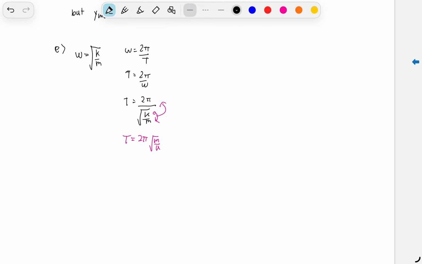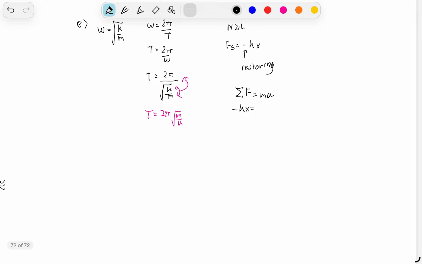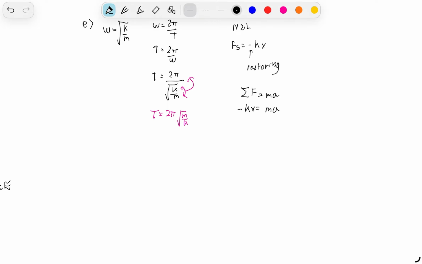So then let's also think about Newton's second law. We have that our spring force with Hooke's law is negative kx, meaning that negative is a restoring force towards the equilibrium. And we have Newton's second law, the summation of forces is equal to mass times acceleration. So negative kx as your force is equal to ma. Then you solve for acceleration, dividing both sides by m.